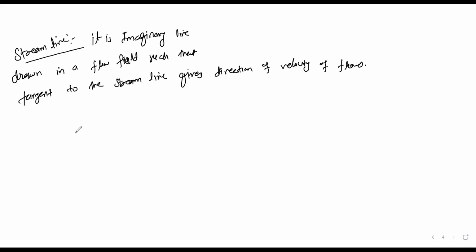Means if you are assuming, let's say, a two-dimensional diagram, x, this is the y, and let's say this is the point P, and I am calling this a streamline. If you draw a tangent on the streamline, this tangent will give the velocity of that fluid particle. Let's say this tangent is making an angle of theta with the x-axis.